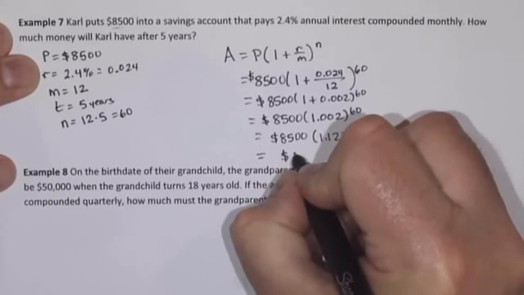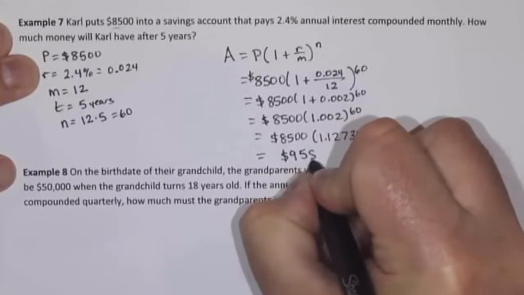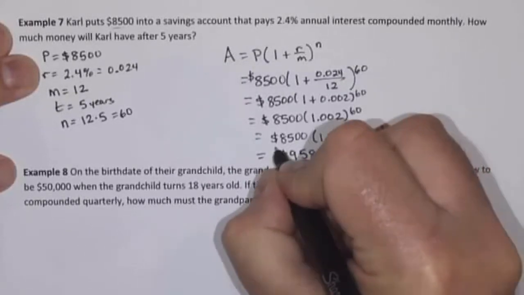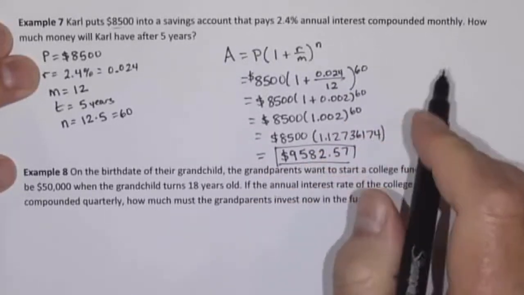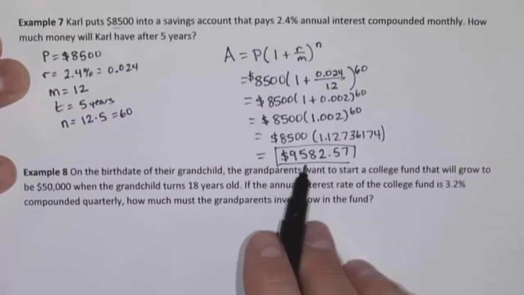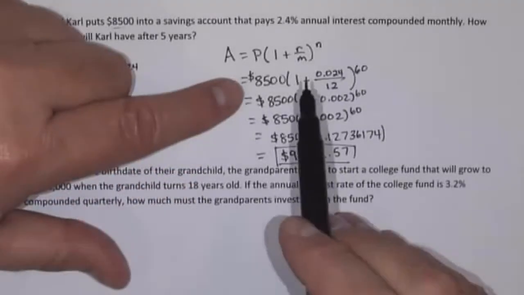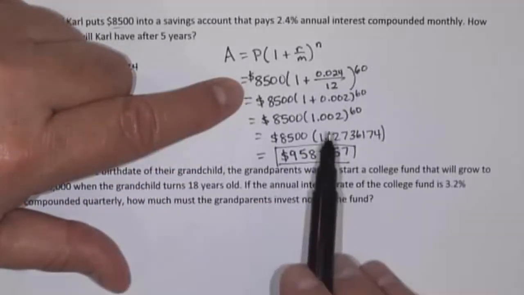So after 5 years, Carl will have $9,582.57. So how much money will Carl have after 5 years? $9,582.57.